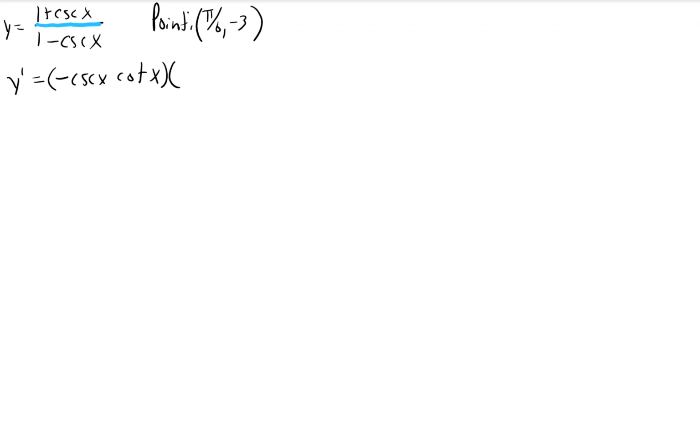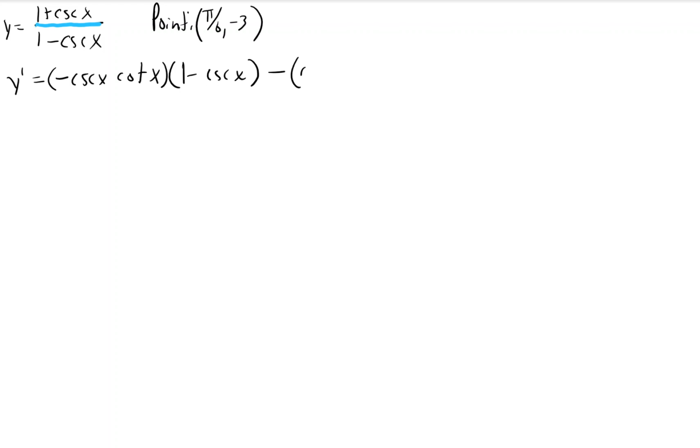And then the next part of the quotient rule says multiply that by the denominator unchanged. Subtract the derivative of the denominator. So again, the derivative of 1 would be 0. The derivative of cosecant is still going to be this, but now we've got a negative out front. So it's going to be the same as this, but opposite sign.